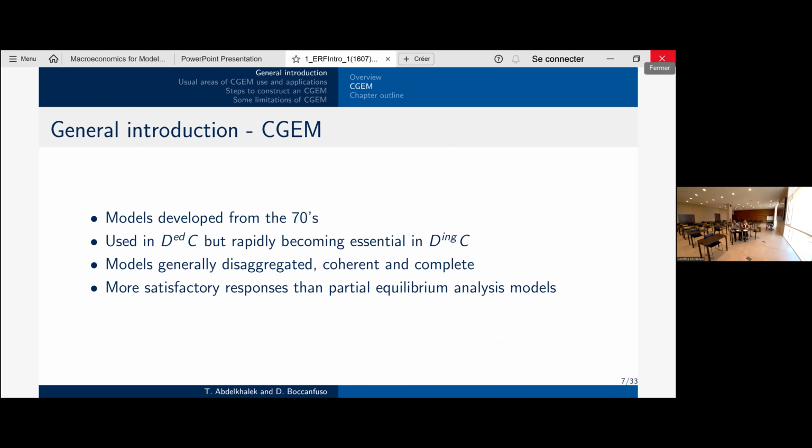As I told you, it's a general, disaggregated, coherent, and complex framework.